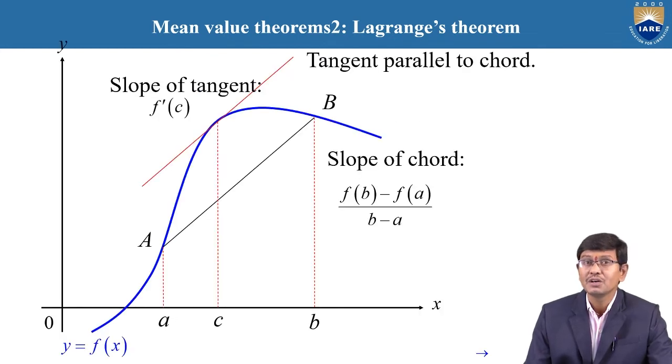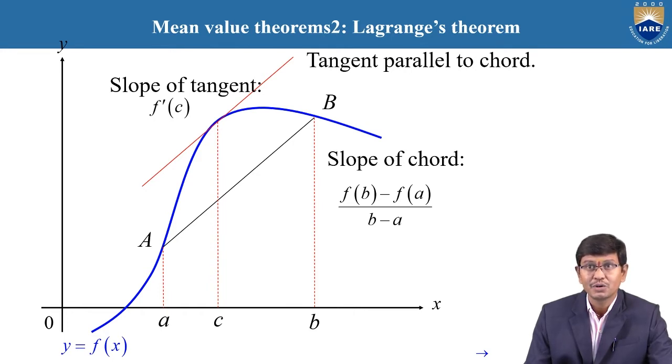When we observe the graph of this function, there is the x-axis and also the y-axis clearly. If we draw the curve y is equal to f of x, it is a curve from point a to b without any disturbance. And again, the slope of the tangent is f dash of c, where c lies in between a comma b, and the slope of the chord is f of b minus f of a by b minus a.